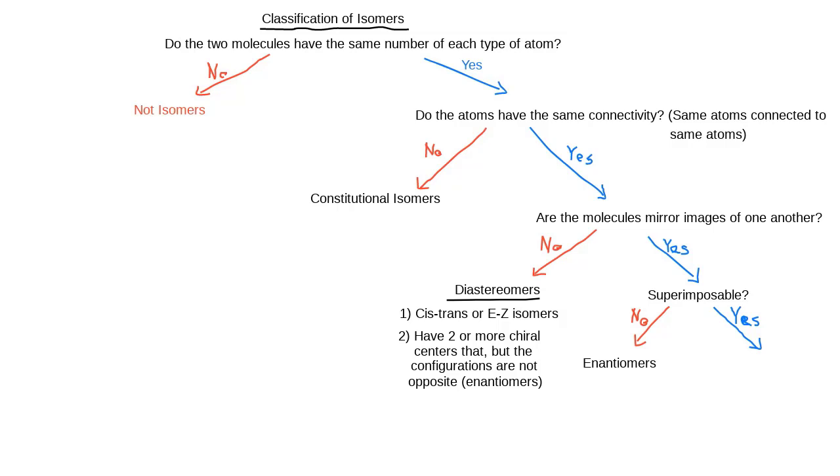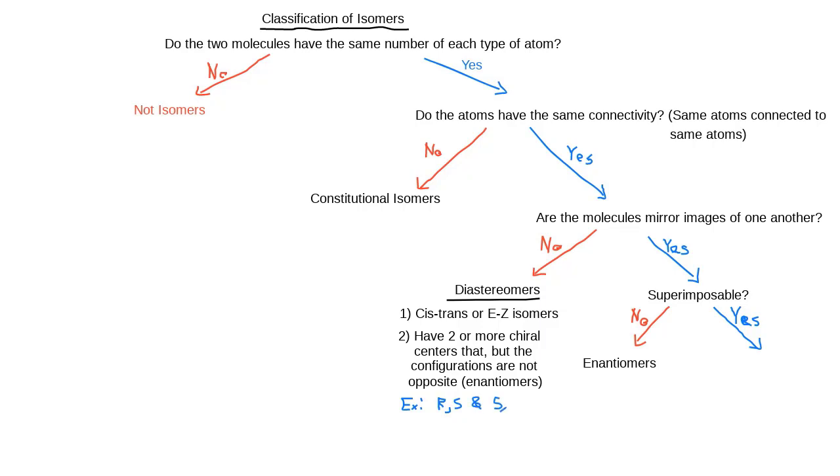If you have one of them that is RS and the other one is SS, actually I'll write that as an example. An RS and an SS compound.